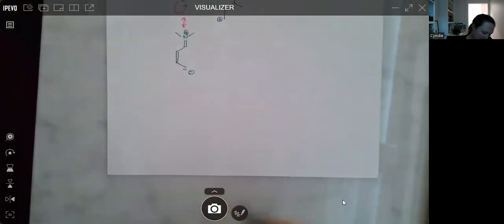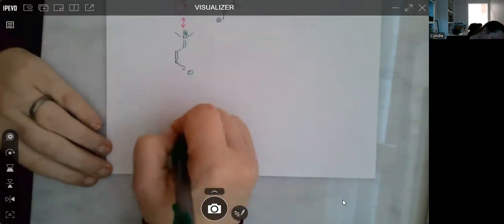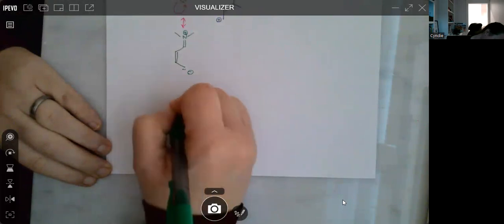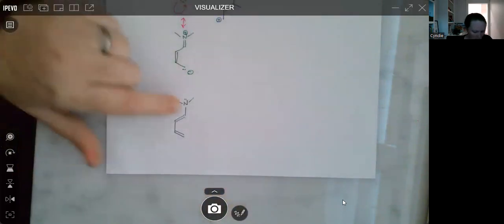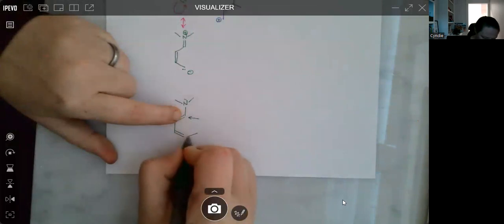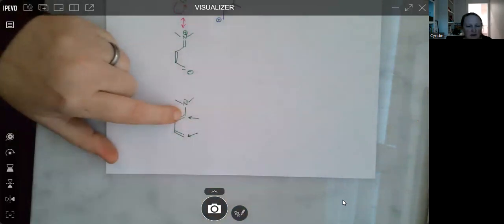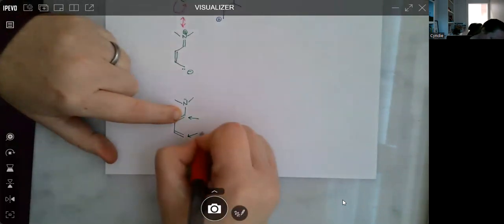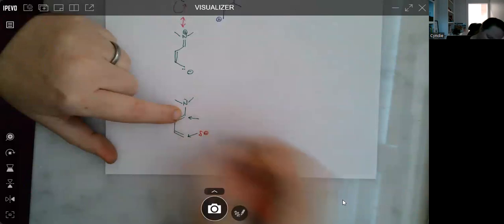So if we're coming back to the original structure, it matters which one, either this one or this one, has the partial negative charge. And it's this one that has the partial negative charge.